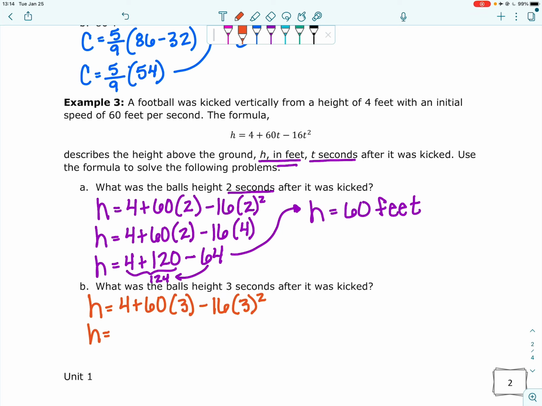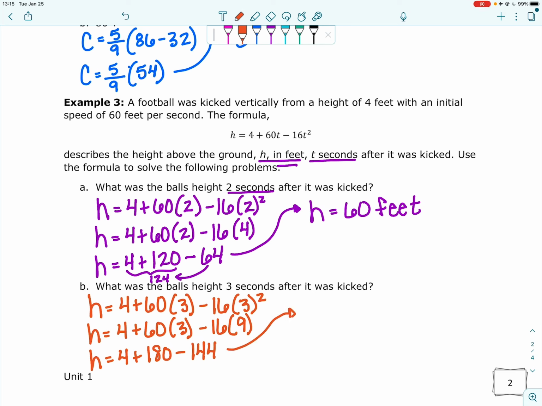And same process, 4 plus 60 times 3 minus 16. The exponent comes first. 3 squared is 3 times 3, so that's 9. Then we do our multiplication. 4 plus 60 times 3 is 180, minus 16 times 9 is 144.